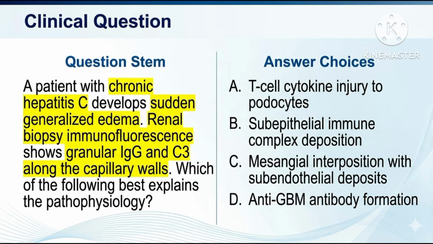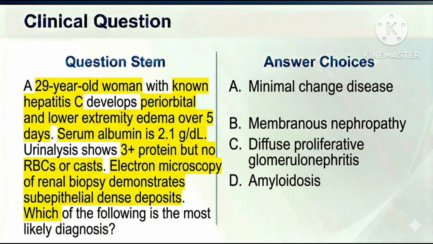Read this question stem. 29-year-old woman, hepatitis C, now develops edema, low albumin, protein, urea, electron microscopy of renal biopsy demonstrates subepithelial dense deposits. That's membranous nephropathy.